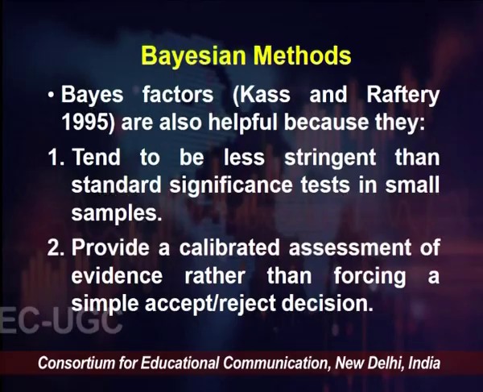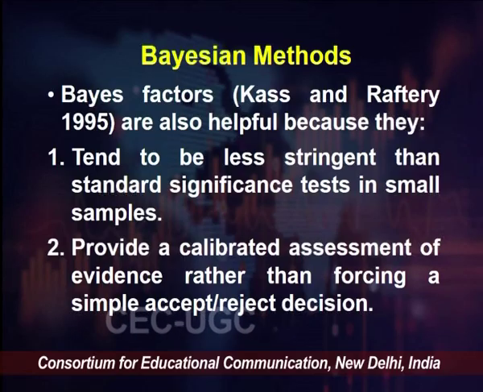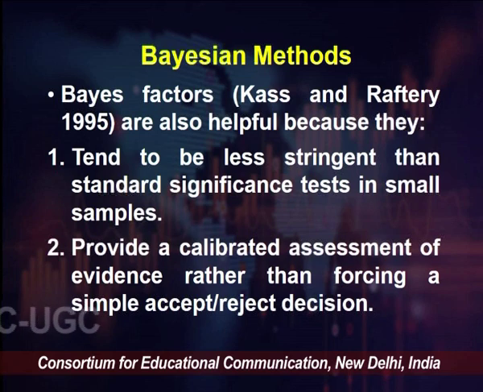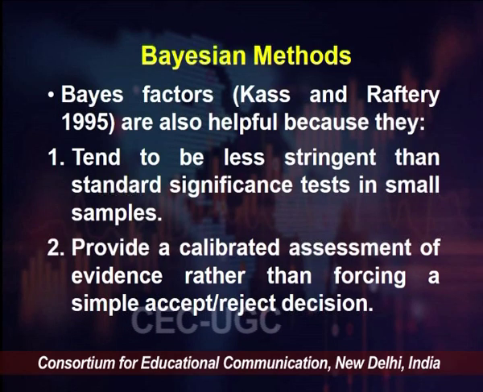Bayes factors are also helpful because they tend to be less stringent than the standard significance test in small samples, and number 2, provide a calibrated assessment of evidence rather than forcing a simple accept reject decision.